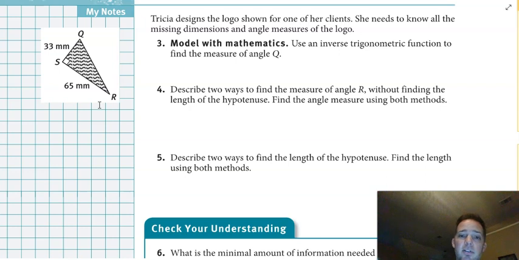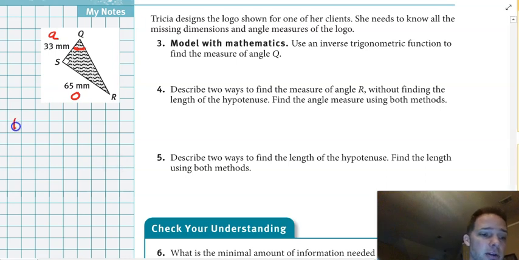So use an inverse trig function to solve for Q. If you want to solve for Q right here, notice from this angle, I could set up a trig ratio using the opposite side and the adjacent side. The trig ratio that uses opposite and adjacent is the tangent ratio.